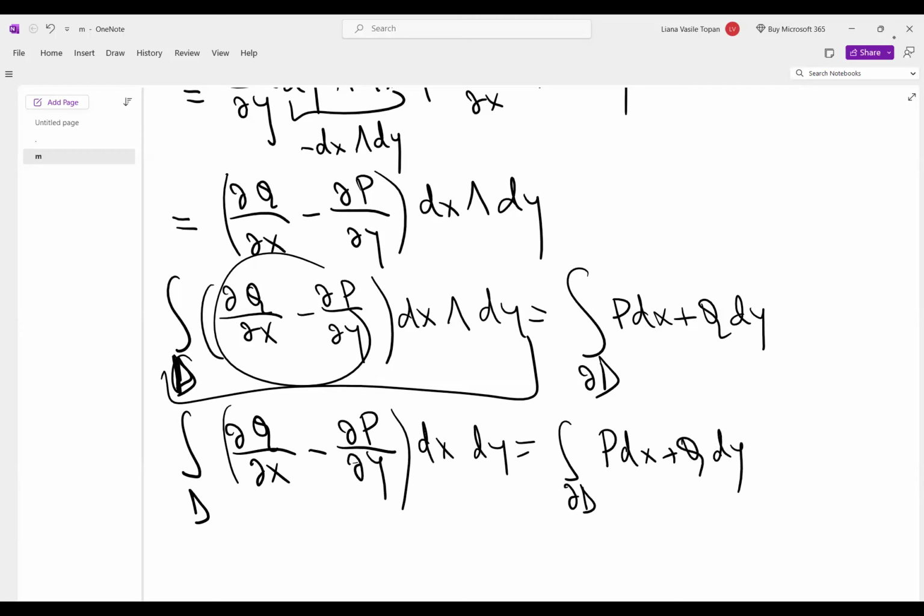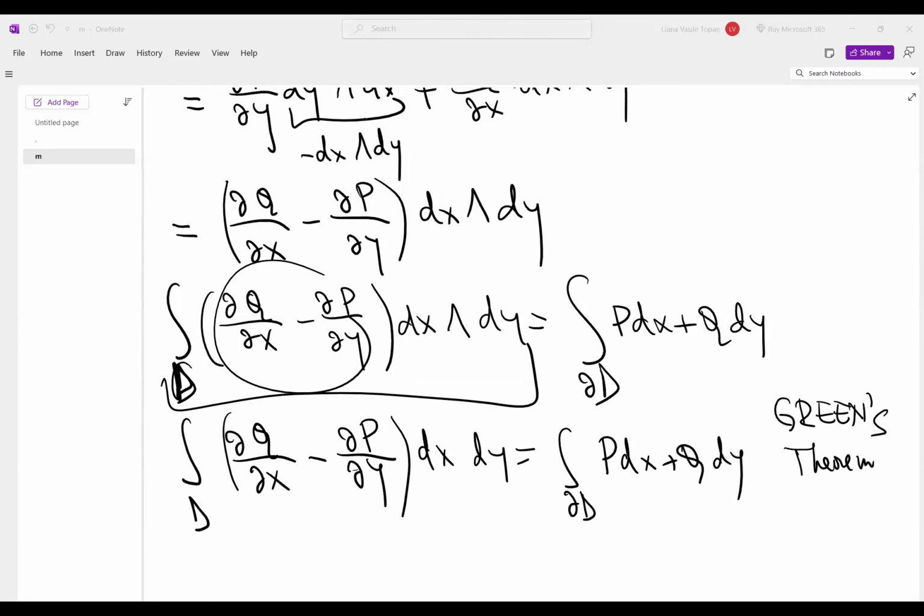And you recognize here Green's theorem, right? So indeed, Stokes theorem shows that there's a very nice generalization, and shows us a way to integrate forms on manifolds. Okay, any question here?